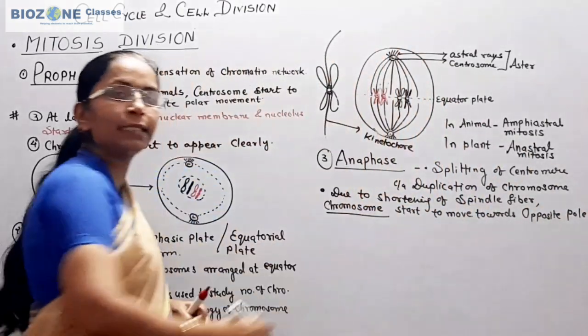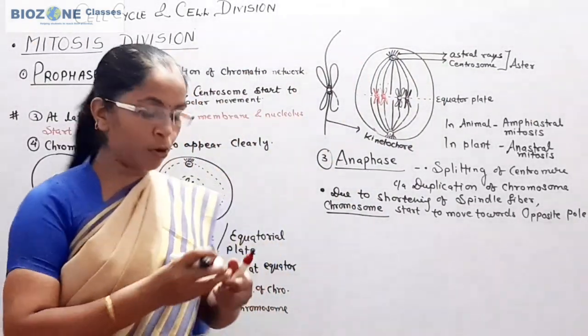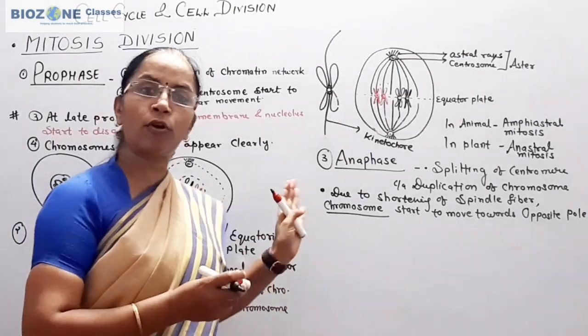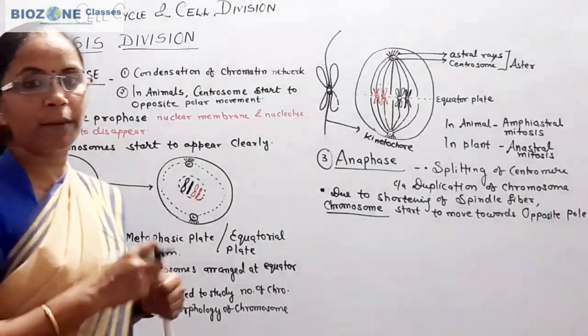So 4 chromatids as chromosomes start to move towards the upward pole, and the other 4 chromatids move the opposite way. We say 4 because, as an example, we take the diploid chromosome number as 4.